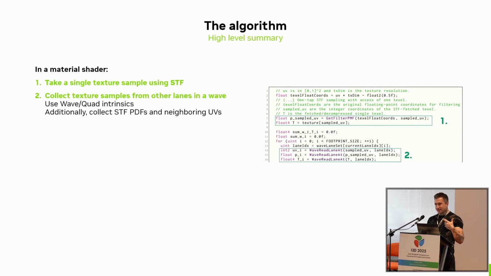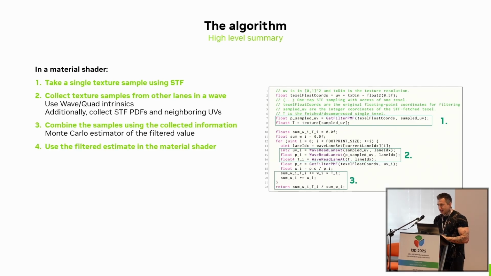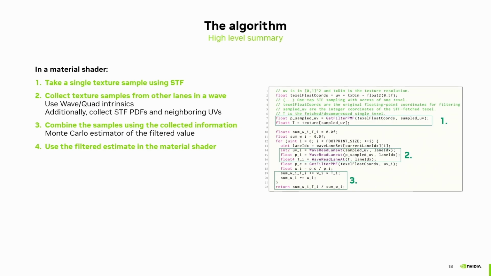Then we iterate over some other lanes in the wave and collect texture samples, the PDFs used to take those samples, as well as neighboring UVs. Then we combine those samples together using this collected information, using a Monte Carlo estimator of the filtered value, and we continue with the rest of the material shader.